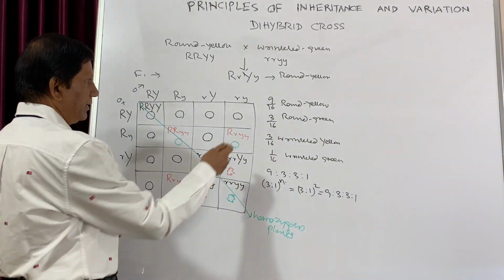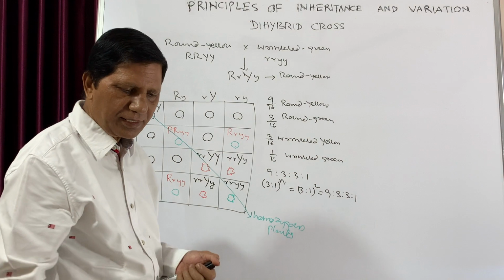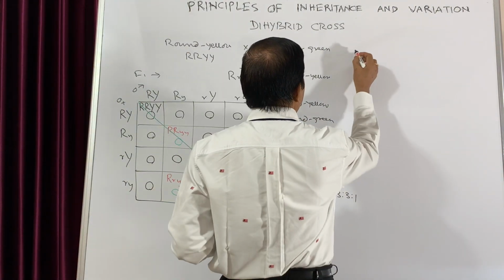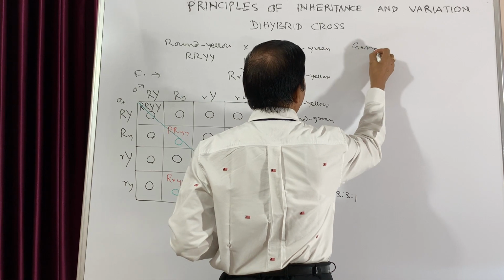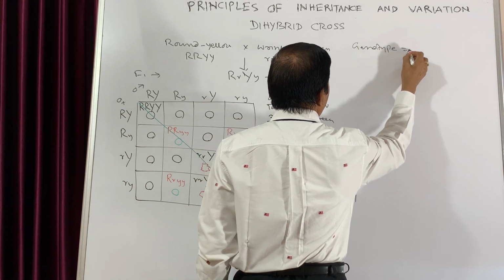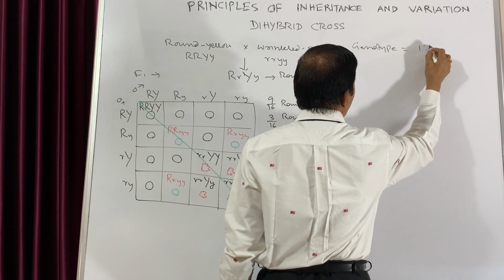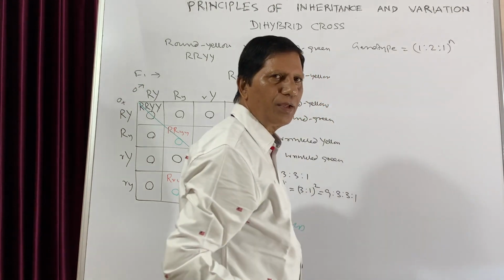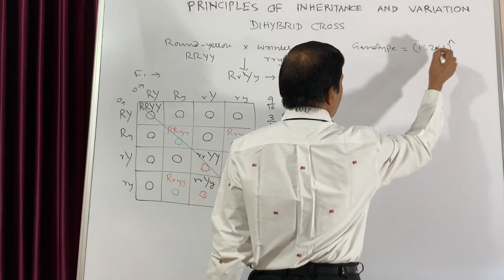Now, if this is the phenotype, if you get the genotype, again we know that the genotypic ratio is 1:2:1 to the power n. So here n is equal to 2.